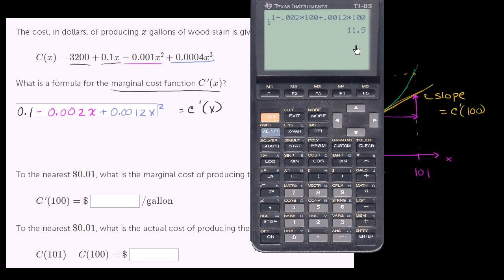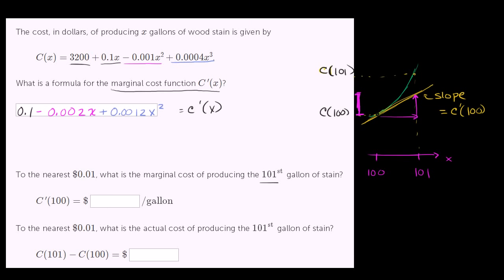I'll just type that in. So it's $11.90. So this is going to be $11.90. So that's this right over here. We just took this slope times 1. We're doing 1 extra gallon, and we're getting this approximation, which is this distance being $11.90.